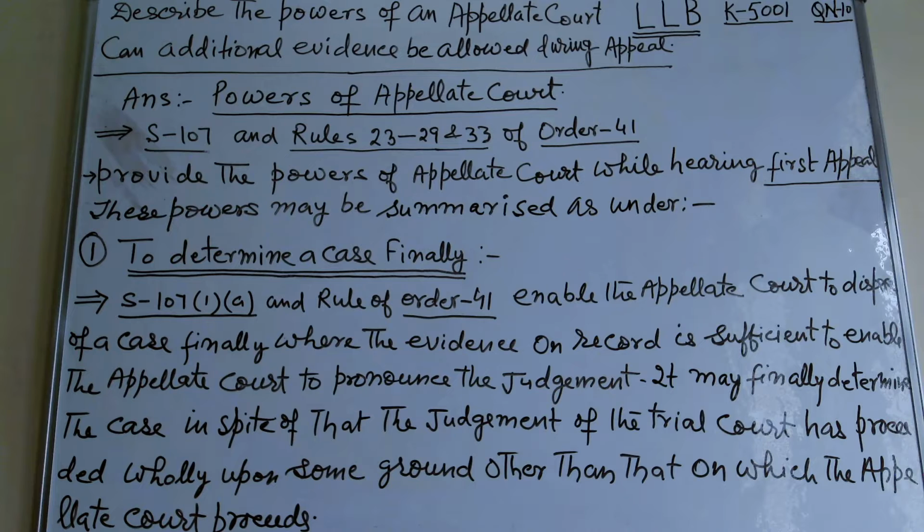Section 107(1)(a) and Rule 24 of Order 41 enable the appellate court to dispose of a case finally where the evidence on record is sufficient to enable the appellate court to pronounce the judgment. It may finally determine the case even though the trial court has proceeded wholly upon some ground other than that on which the appellate court proceeds.